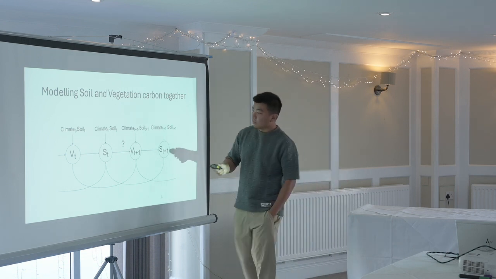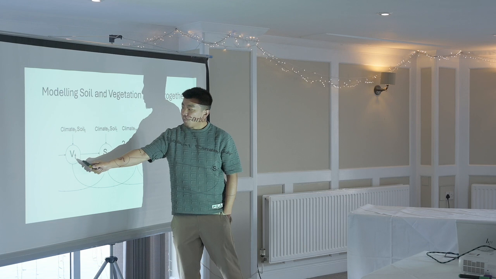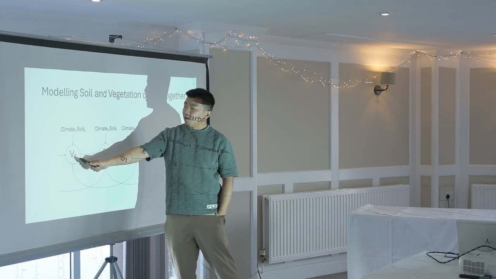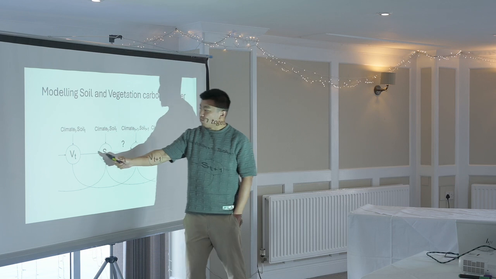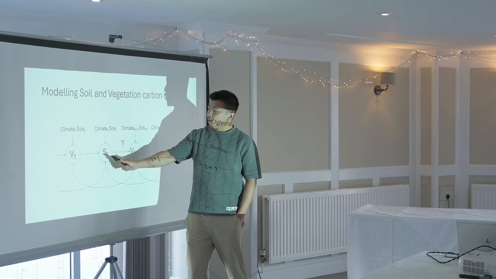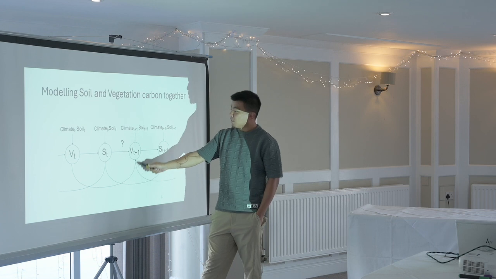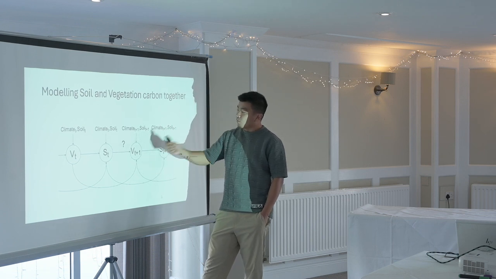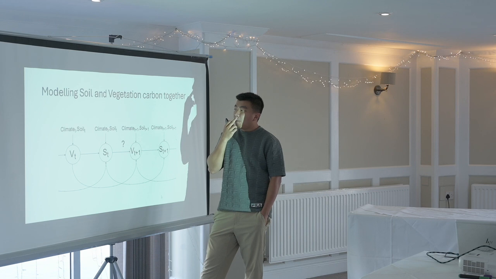Say for timestamp t, once we have the veg carbon emulator output, it can feed into the soil carbon as a value, and also into the prediction of the next timestamp's veg carbon.